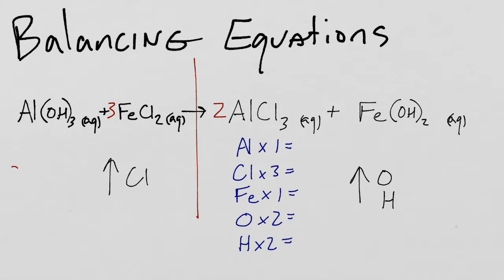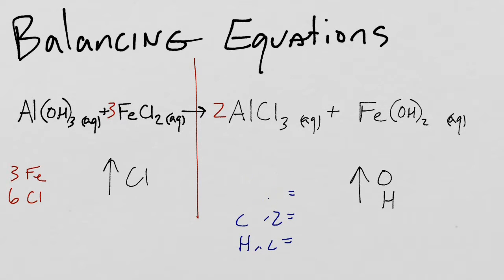We have 3 iron, we have 6 chlorine, and here on the other side we have 6 chlorine, and we have 2 aluminum. Alright, but we're going to need 3 irons over here. So let's put a 3 in front of our iron 2 hydroxide. So now we can also write that there's 3 irons.